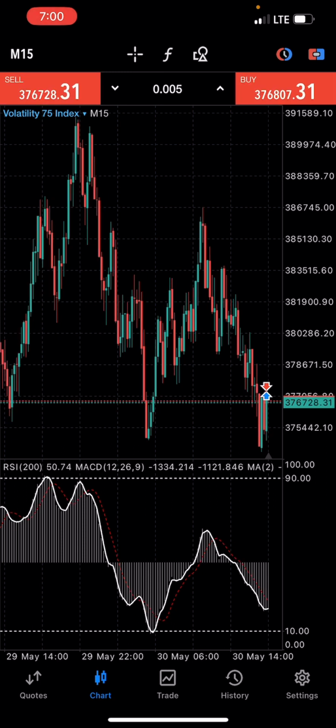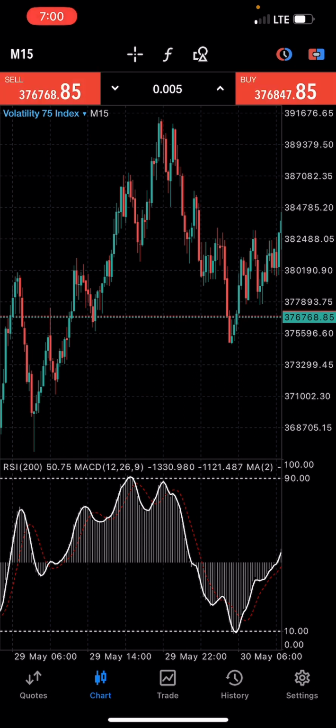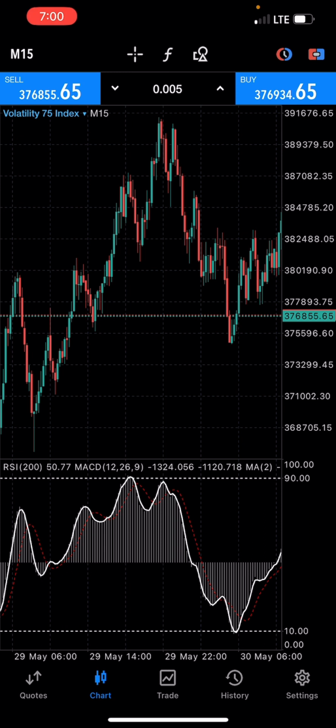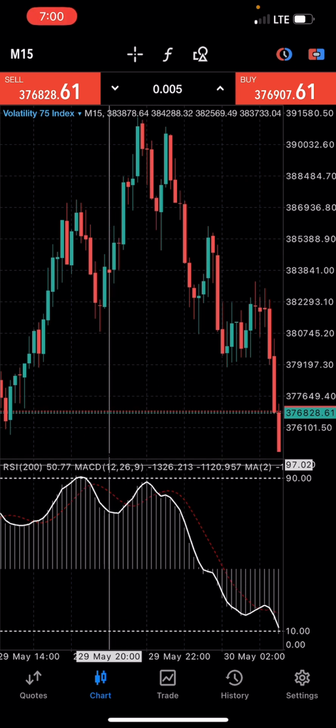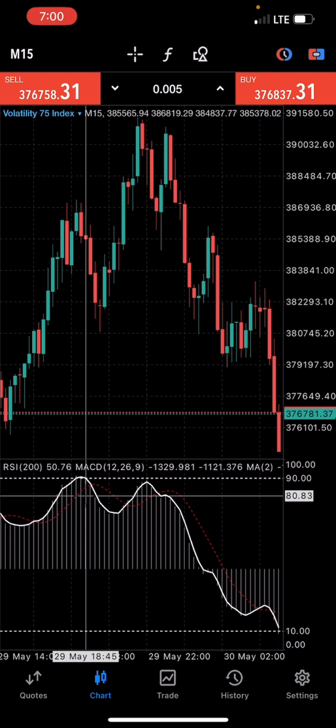So let's look for a bearish pattern. So we have one here. This is one here. It touches. So we can see here, this hit our stop loss.